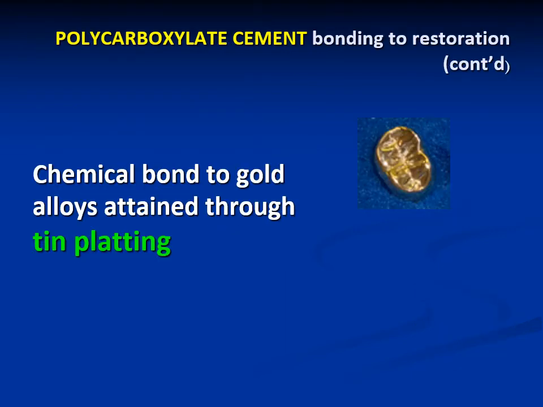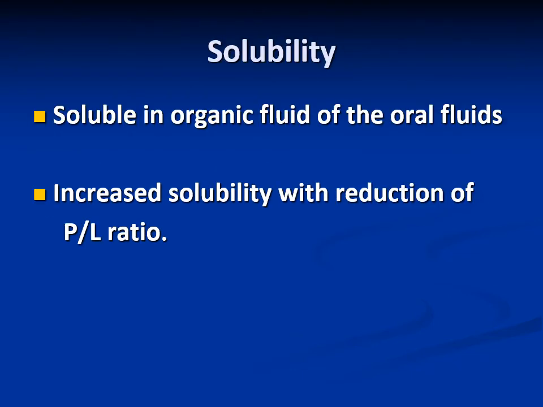Can polycarboxylate cement bond chemically to the gold alloy? Yes, simply by tin plating the inner surface of the crown with a non-precious or base metal, which is tin, and this transfers the inactive gold surface to an active surface, which can chemically bond to the cement. Is this cement soluble inside the oral fluids?